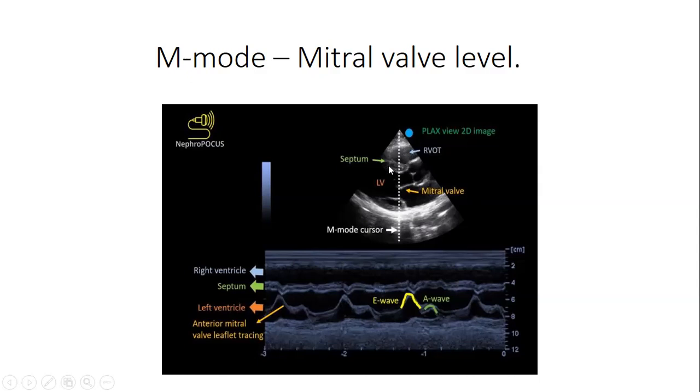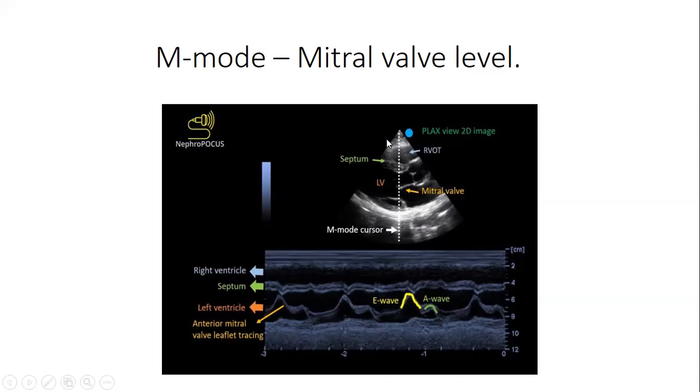And just to add on to what she has just mentioned, when you are picking this view, please optimize this chamber. And by optimization, ensure that your septum is in the middle of this pie. This is a pie. Make sure it's in the middle, it's not foreshortened, and then this scan line must be well taken.